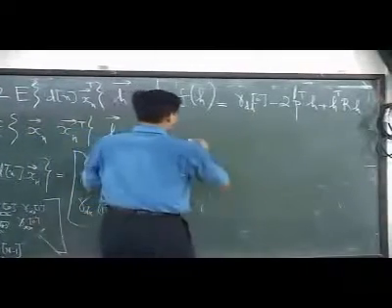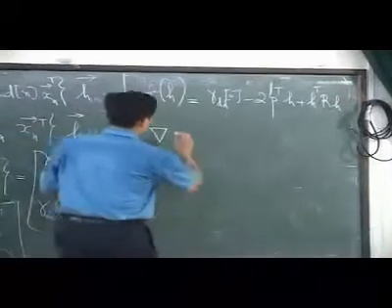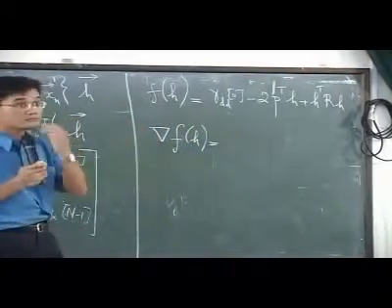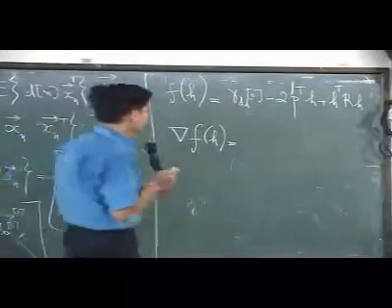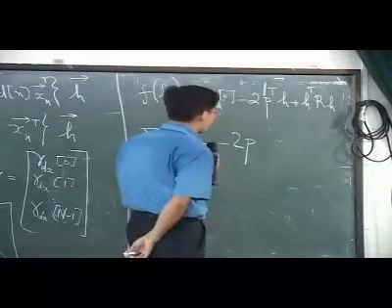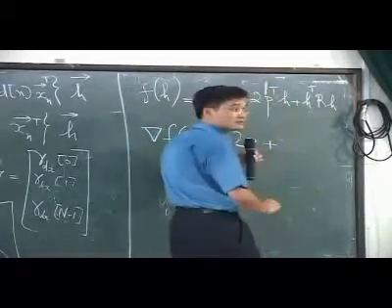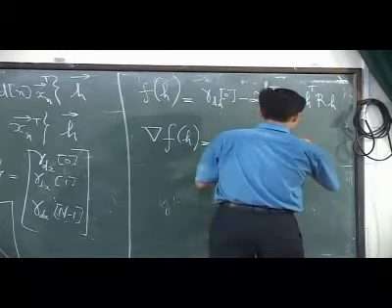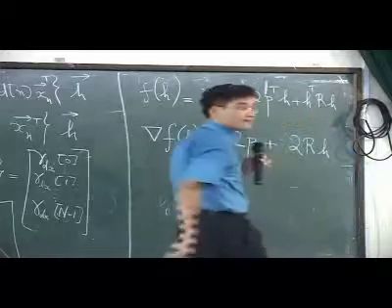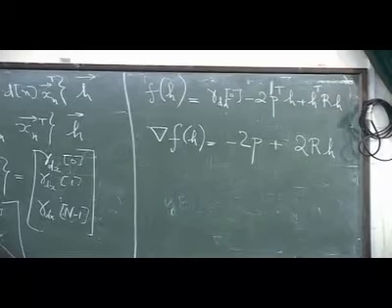So I can take the gradient of F with respect to h, as you learn in any course on multivariable calculus. What is it going to be? It will be minus 2p plus 2 times R h. Are you familiar with that?